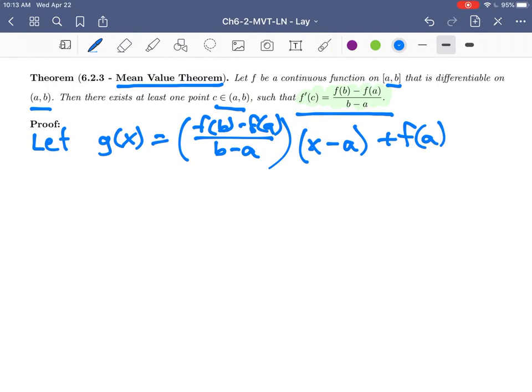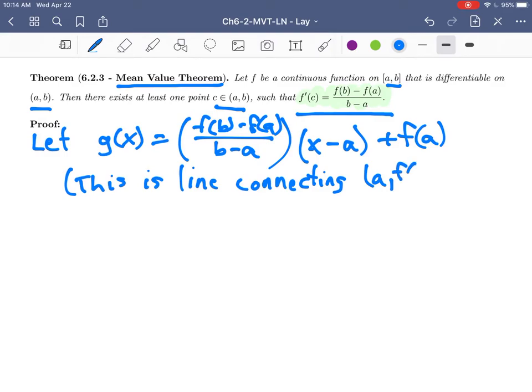So this is the equation of the line that connects the points a comma f of a and b comma f of b. All right, so we have the equation of the line connecting those 2 points, and that is g of x.